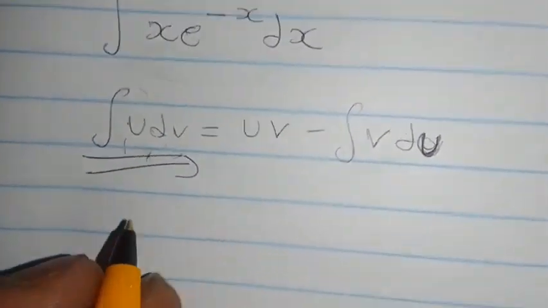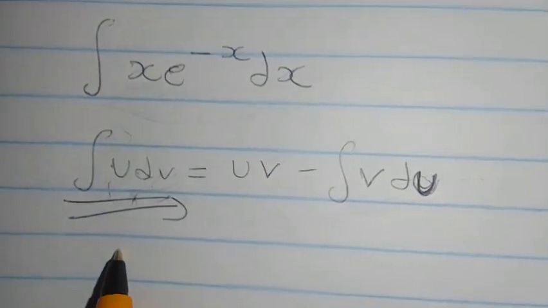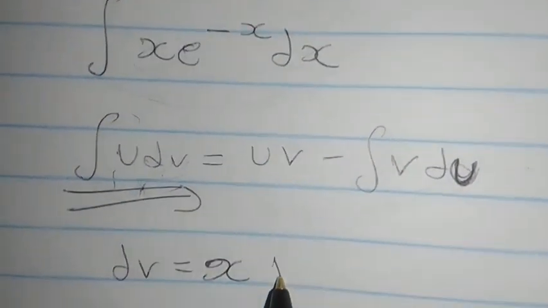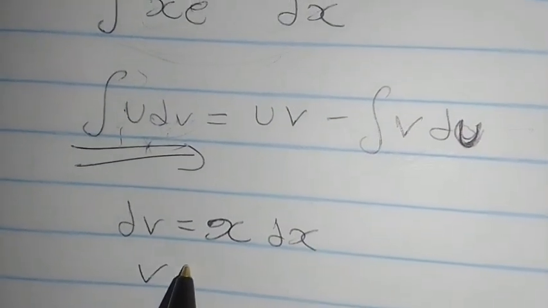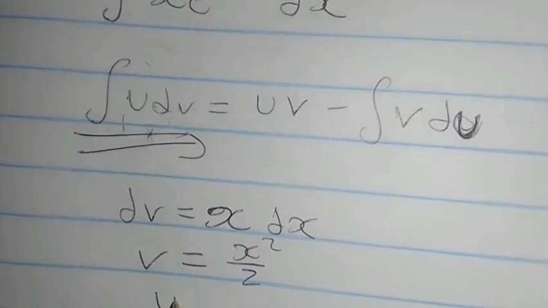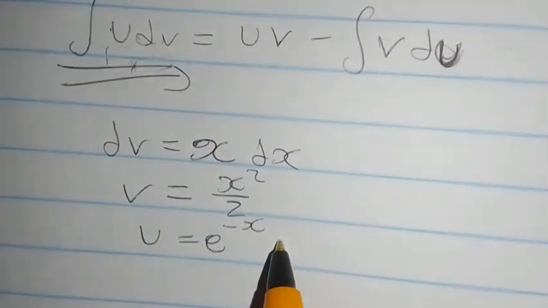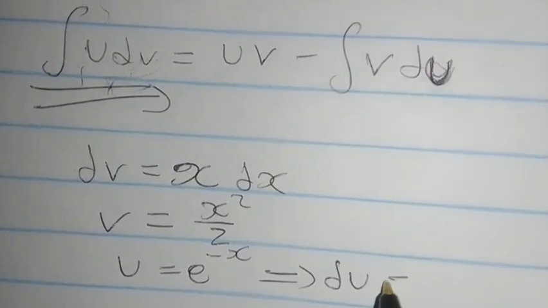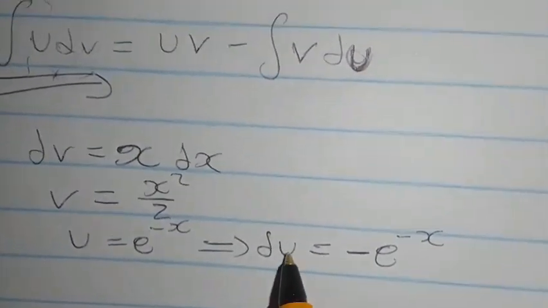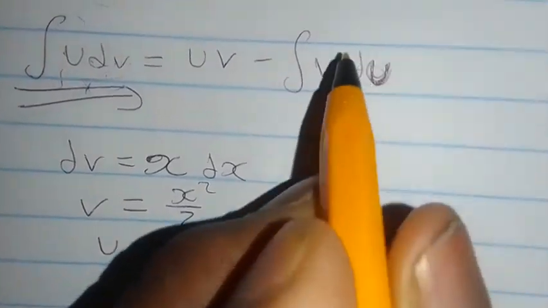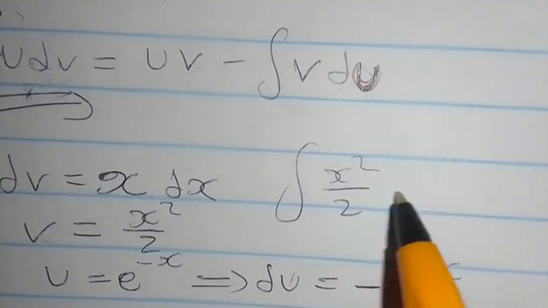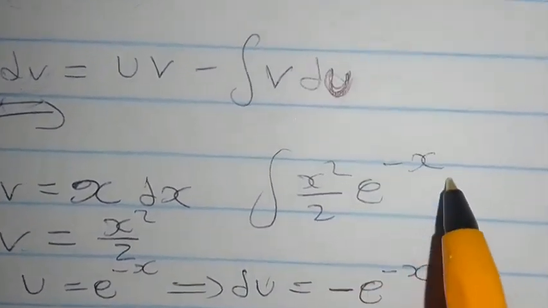Let me just show you something. If we say dv equals x dx, then v equals x squared over 2. And then u equals e to the power minus x, which means du equals negative e to the power minus x dx. Now you have this part, the integral of v du, which is x squared over 2 multiplied by e to the power minus x dx.